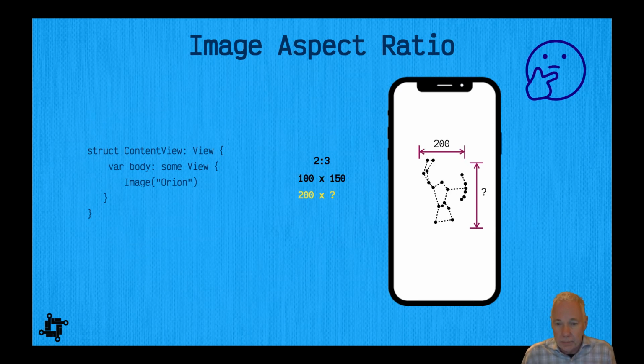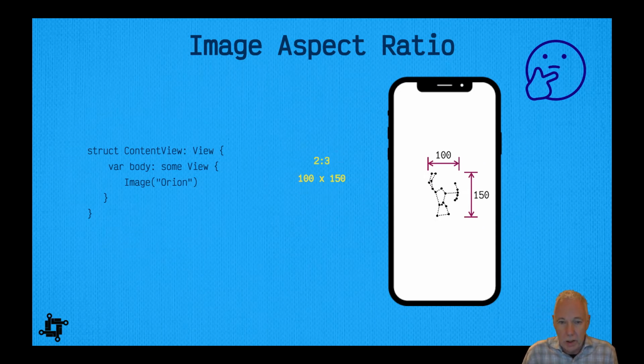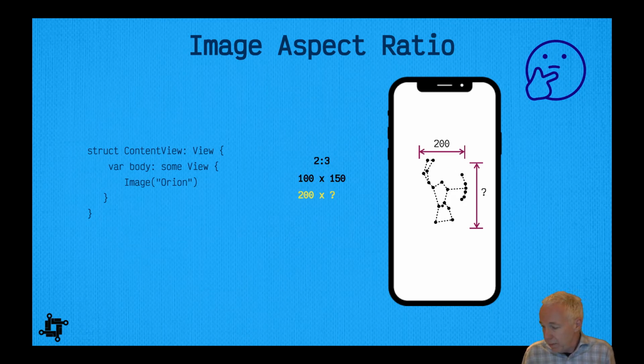So, for example, if I want to make this 200 wide, question, how tall does it need to be to keep this 2 to 3 aspect ratio? Well, here we were 100 by 150. Now I've doubled this. So to keep everything even, I'm going to double this, and I'm going to go to 300.